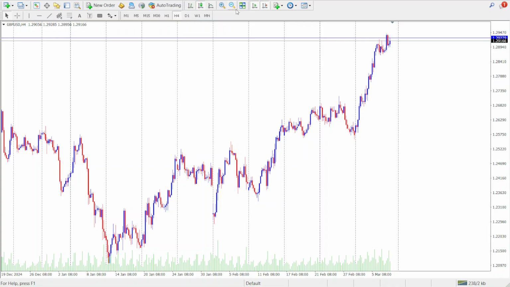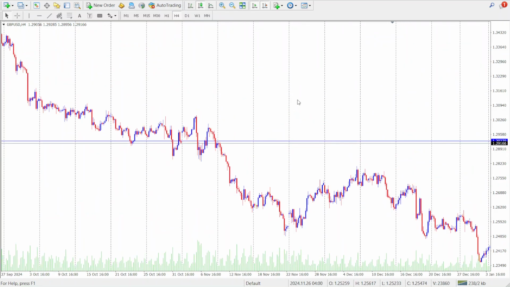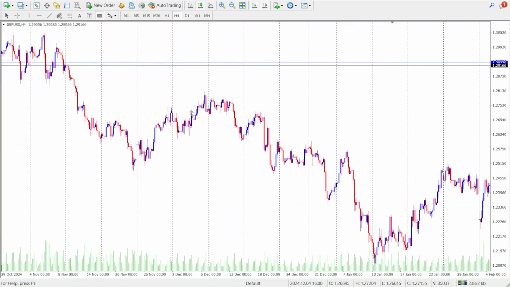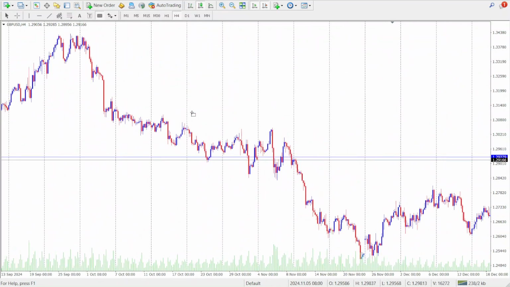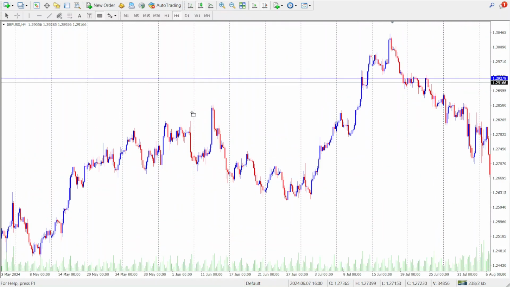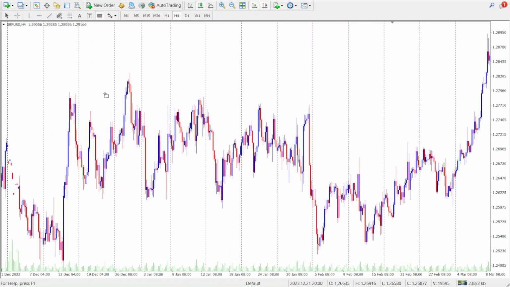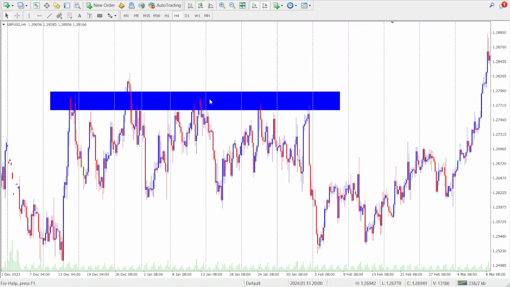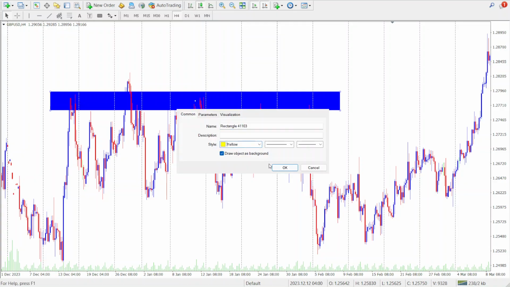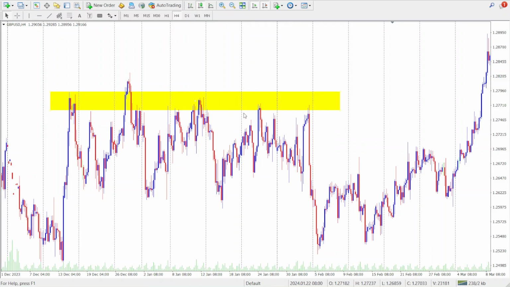So we can see that we actually have a supply zone somewhere around here. Let me just change this color to a lighter color. So we can see that we have a supply zone around here, areas where selling pressure is high.